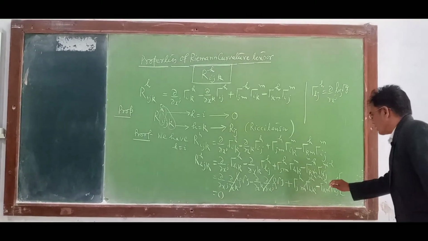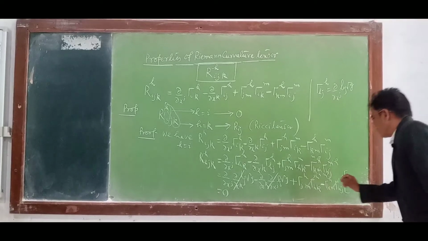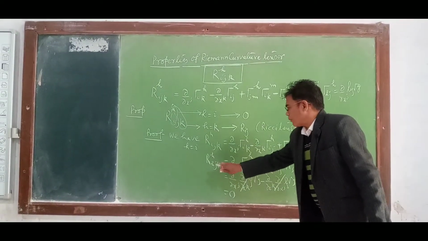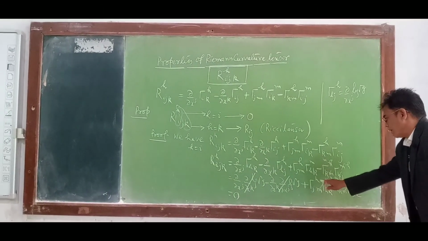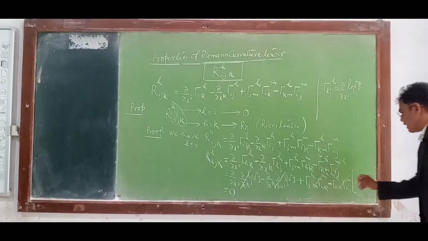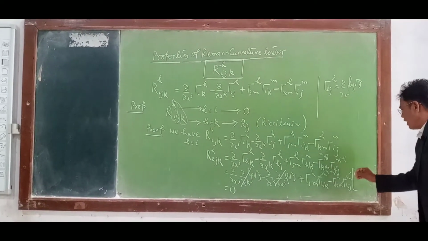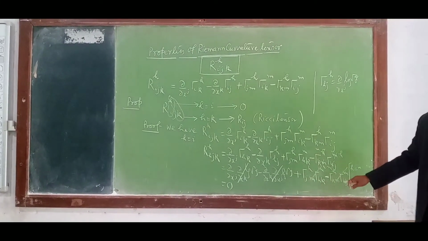Since m and h are dummy indices, and only j and k are free, we can interchange h and m, so these cancel. Okay.